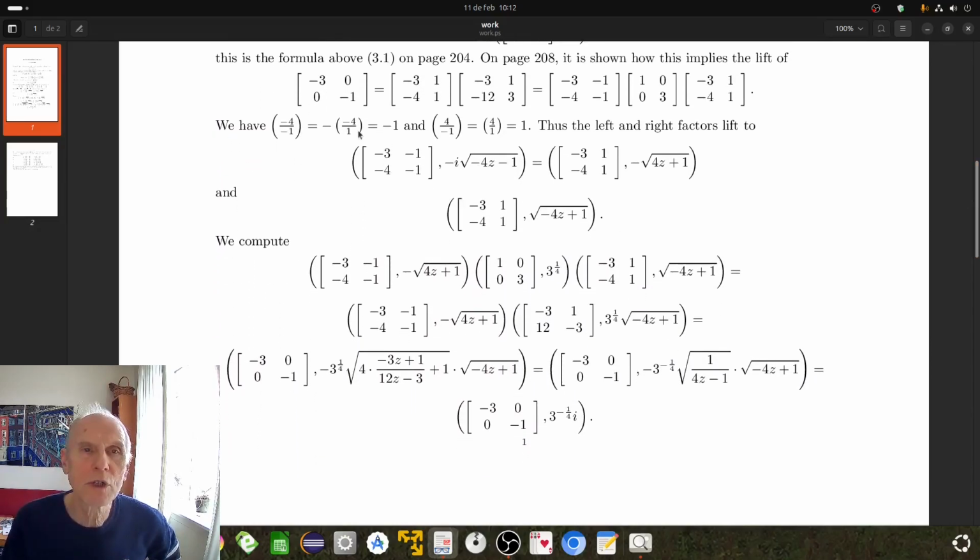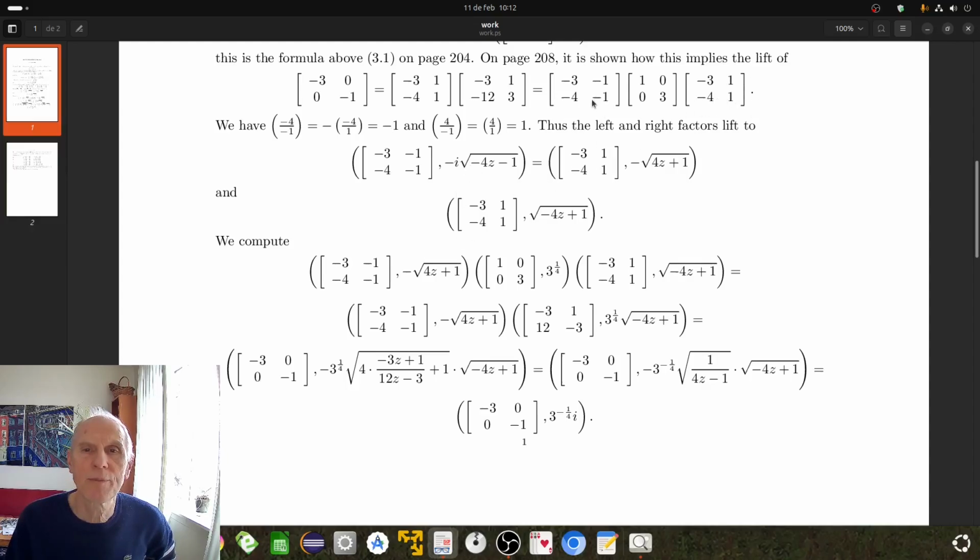In the book it shows what to do here, and we factor it from this guy with these two. It's shown on page 208. We need to find the automorphy factors. Here we have -4 on -1, which gives -1, and this unity.